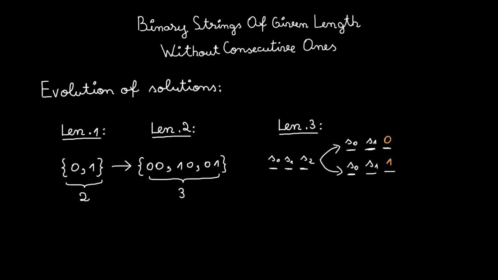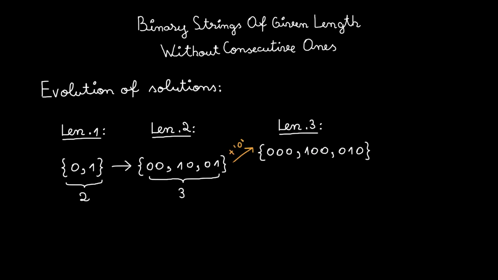And because the prefix of length 2, S0, S1, also has to be a valid string, it will be part of the previous set. So we can pick each string from the previous set and either push 0 or 1 to its end. But look, there is again another bad string in the second set.